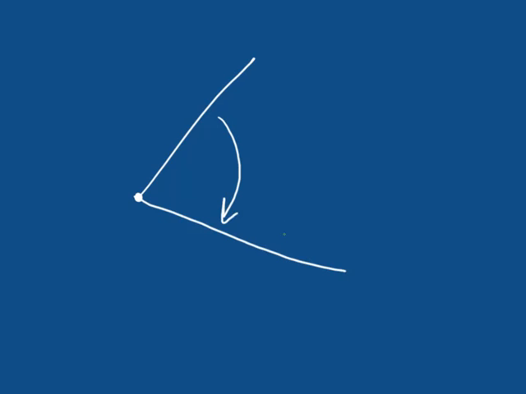Now, the degree unit of measure defines one complete rotation, that is, the angle that we need to rotate through to bring our string all the way back to the starting point. It describes one complete rotation as 360 degrees, and degrees are noted with a small circle just above the angle number. So 360 degrees is one complete rotation.